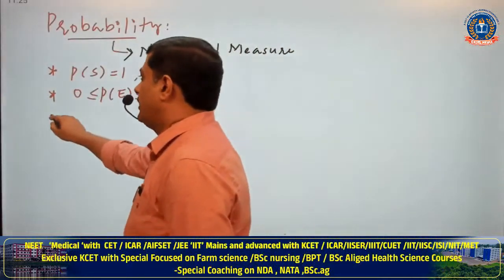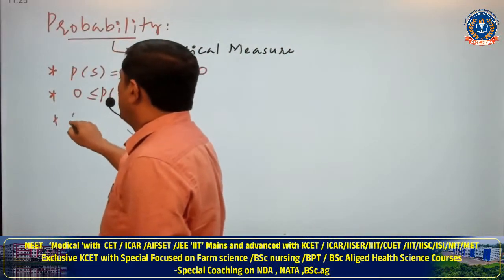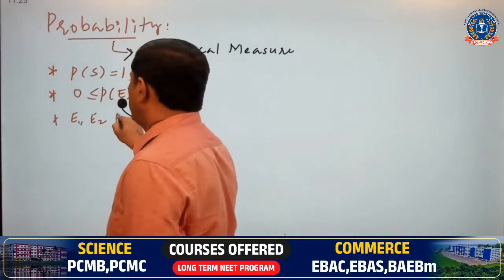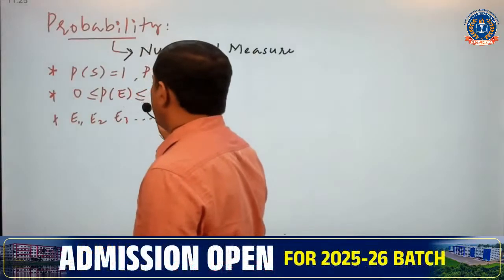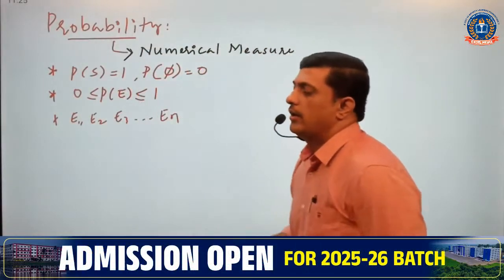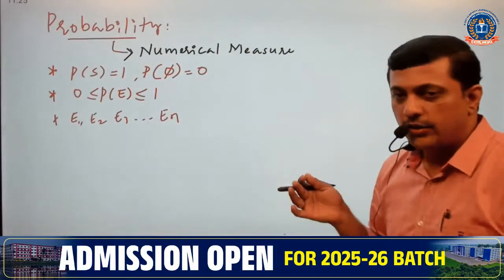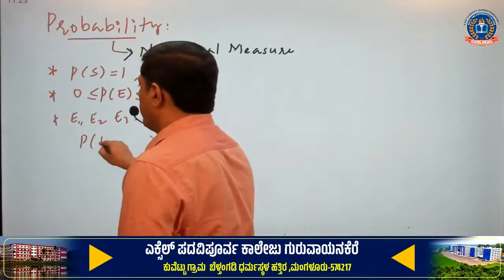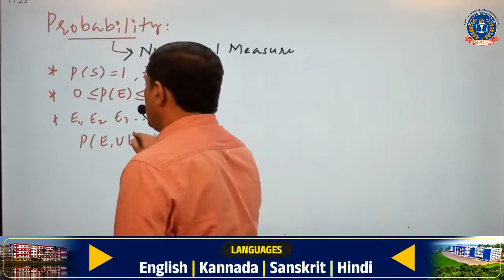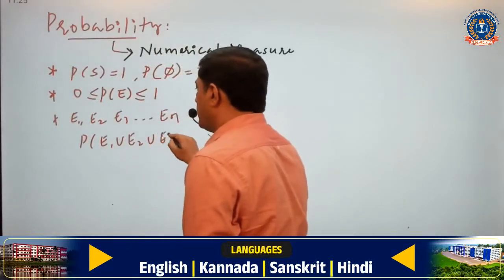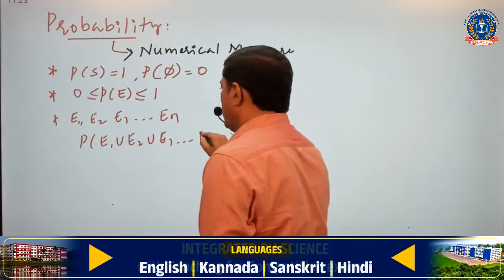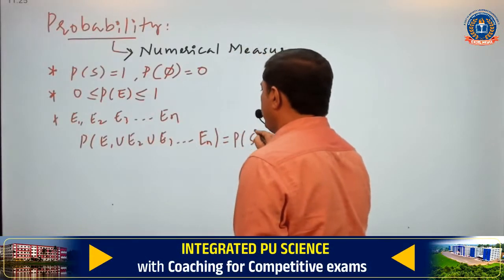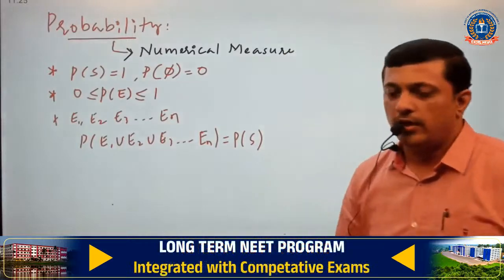And the other one: where E1, E2, E3 and so on up to En, when you take the union of them, P of E1 union E2 union E3 union En, then it is going to be P of the total sample space.